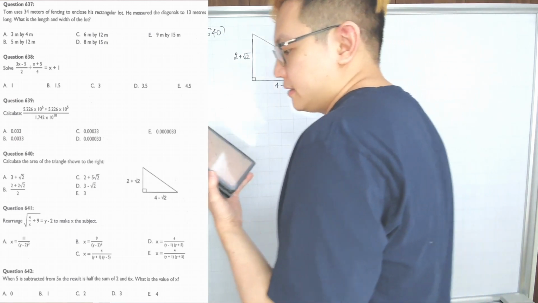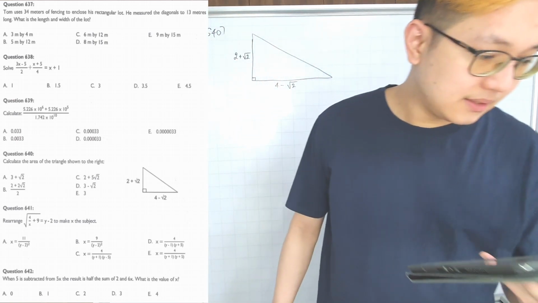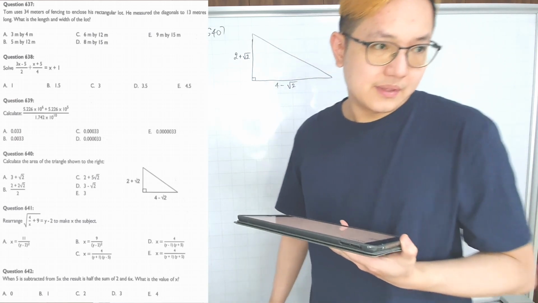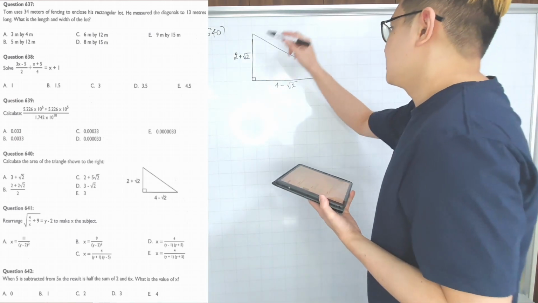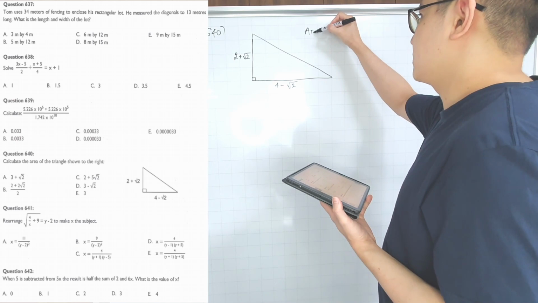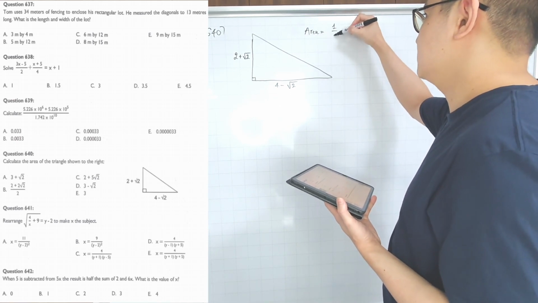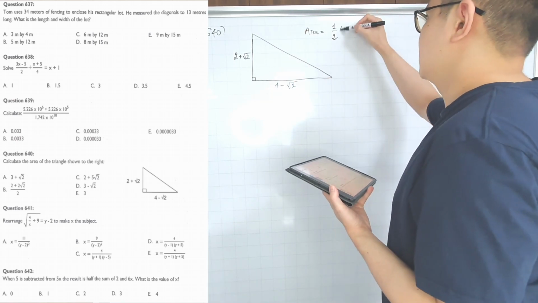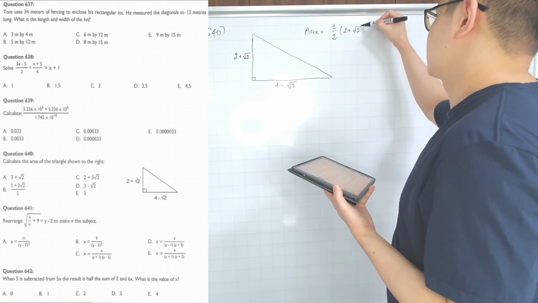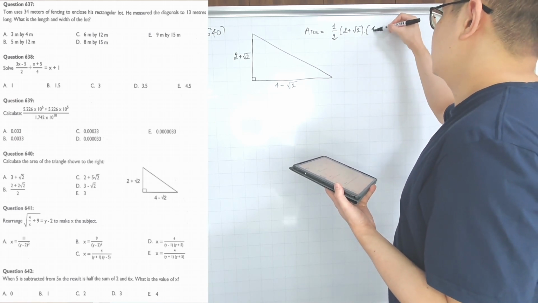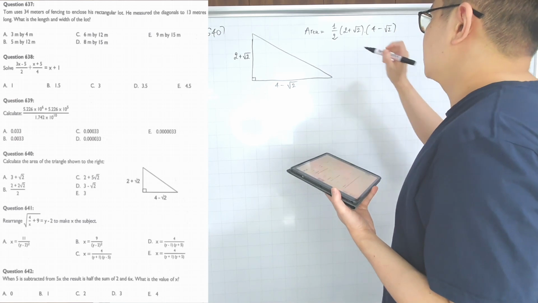So this should be the easy one, right? Just time it. The area is of course half of this one times this one, times 4 minus square root of 2. It's quite straightforward.